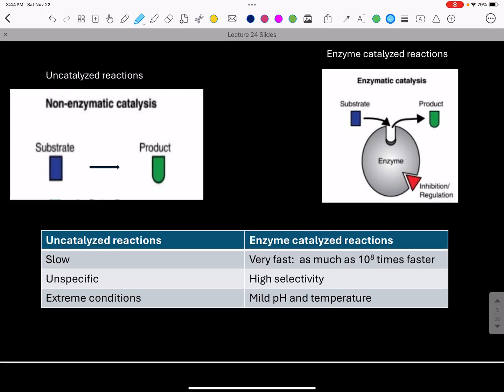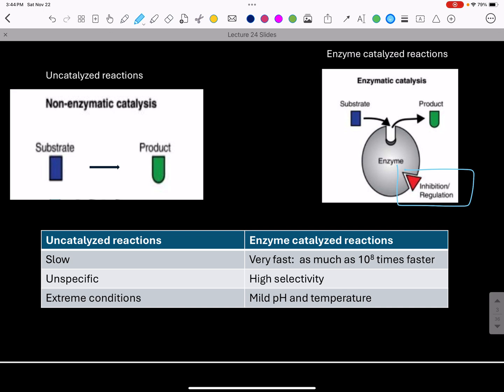Not only that, the enzymes can also be specifically modulated. You can regulate the activity of an enzyme either by an activator or an inhibitor, and thereby you can actually control some of these reactions much better.